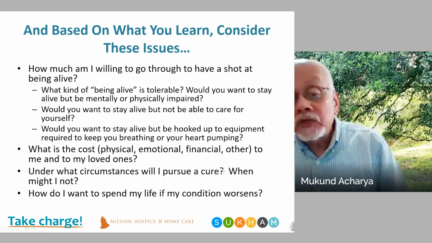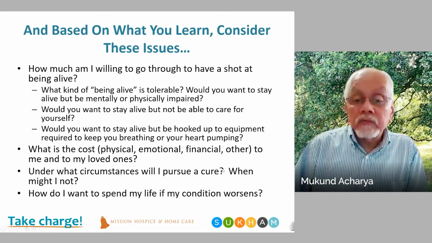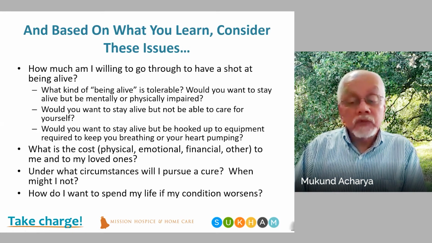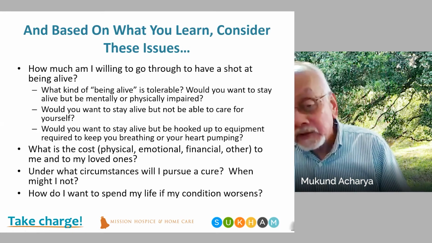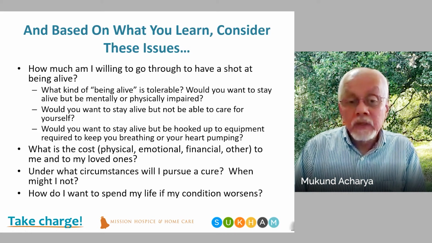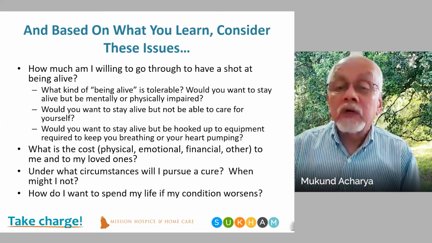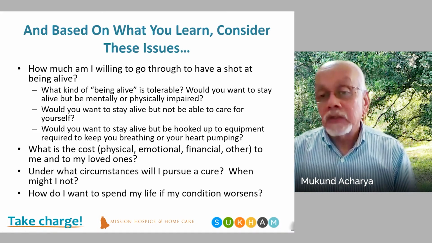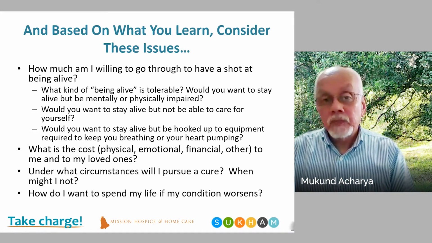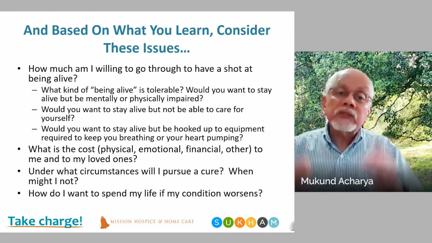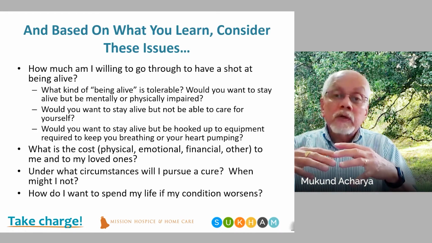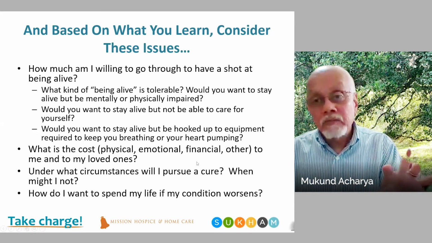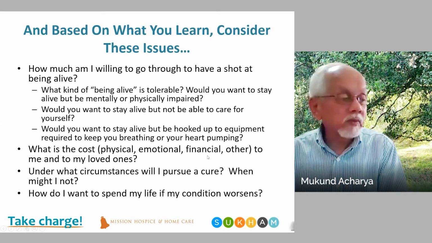If my life is going to worsen, if realistically I'm going to have only 2 years left to live, or 6 months left, or 3 weeks left, whatever that number might be, what is it that I want to do out of life in those last 2 years, last 6 months, or last 3 weeks? Those are the questions, that's the framework within which you have to make those benefit-burden choices that we've talked about so far.